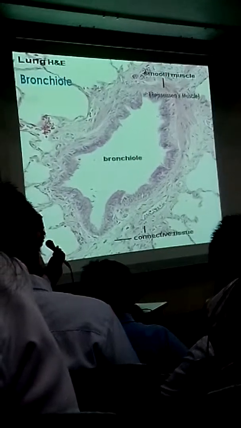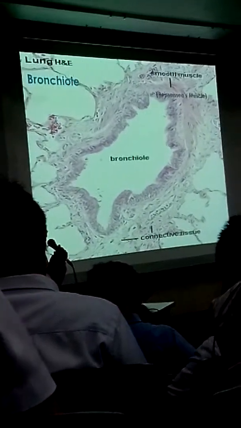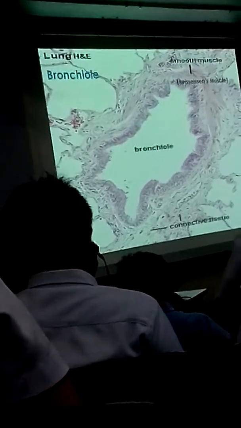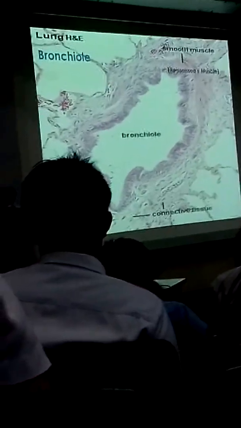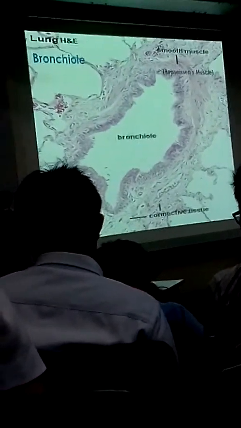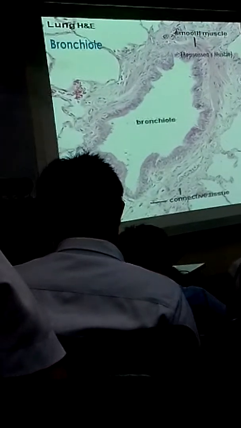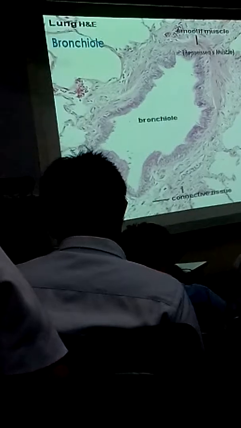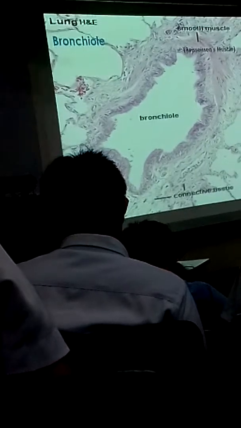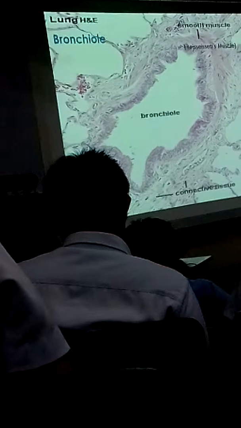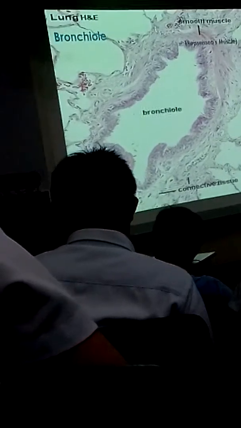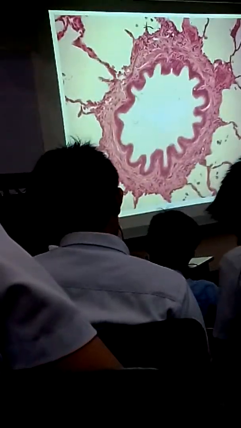This is also where your short-acting and long-acting beta agonists, such as salbutamol and olodaterol, take their action. So they act on the smooth muscle of your bronchus as well as your bronchioles. Reissessen's muscle.